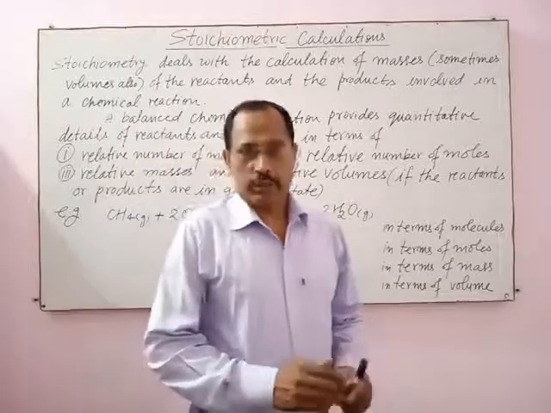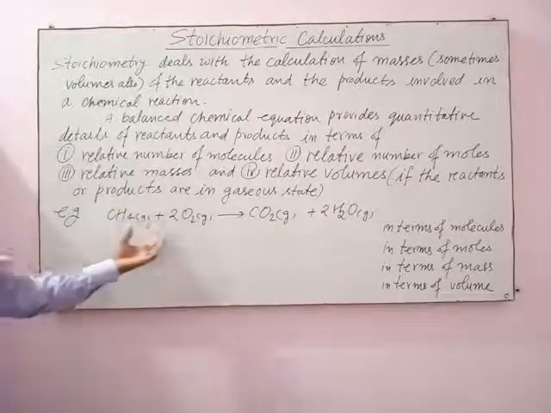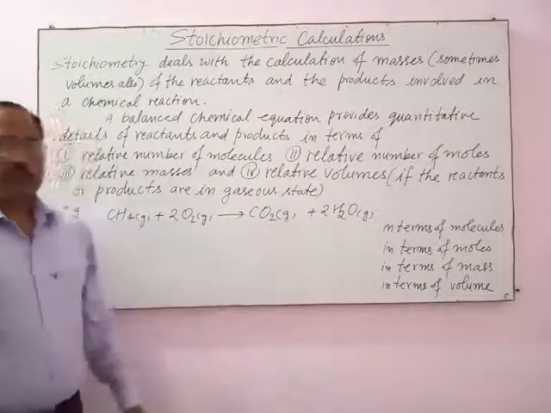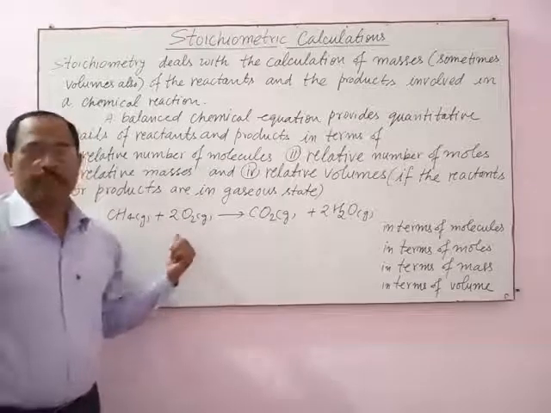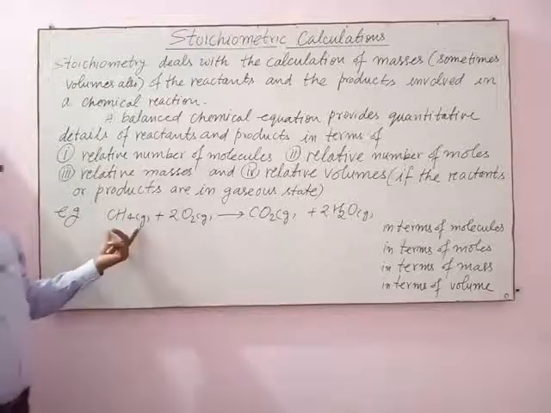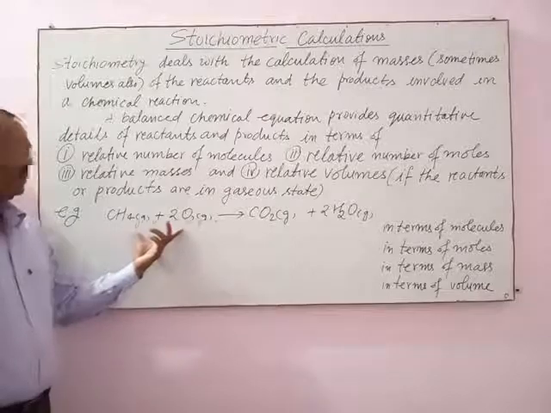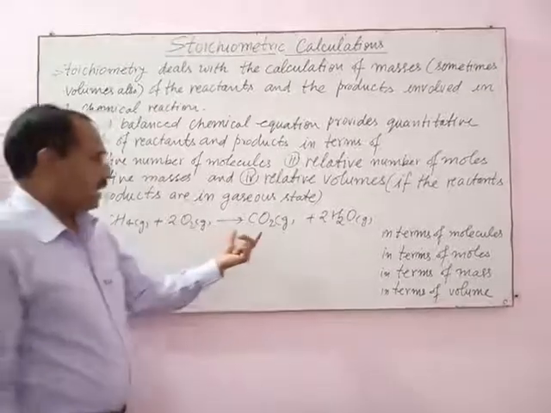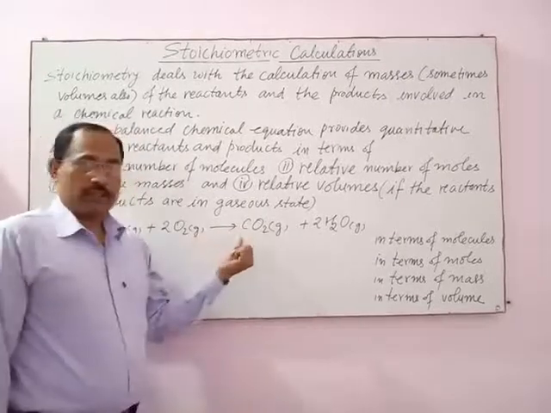reactants or two products. For example, this is a chemical equation which represents the complete combustion of methane in presence of oxygen. Methane and oxygen are reactants. And this arrow represents the direction of the reaction.